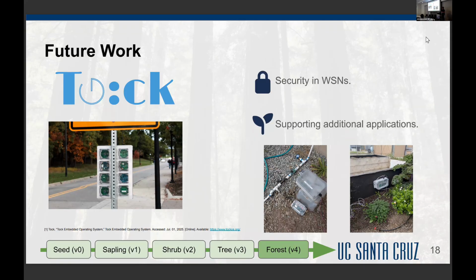One of the reasons we're doing this is to investigate security in wireless sensor networks, and in addition to supporting additional applications. One of the future applications that we're currently working on, with funding from the state of California, is working closely with local growers to develop an irrigation system.